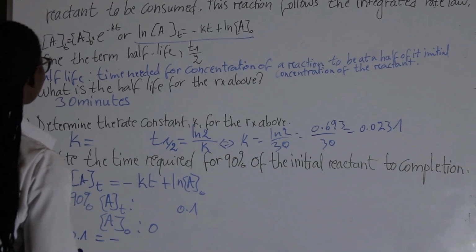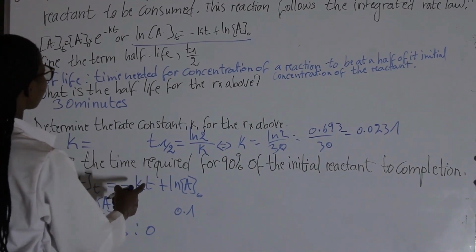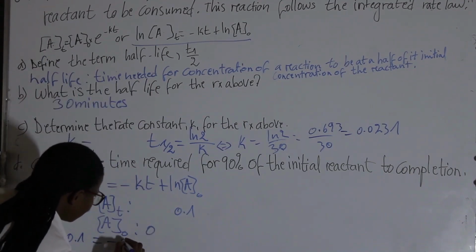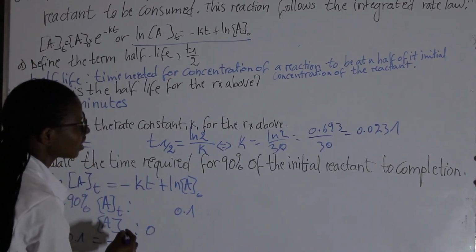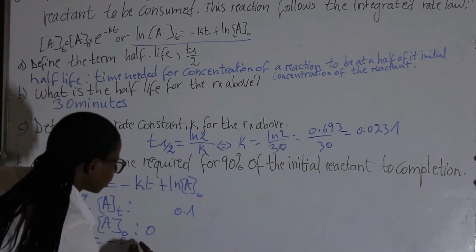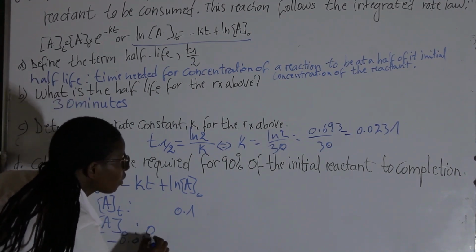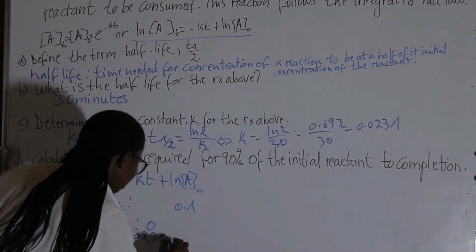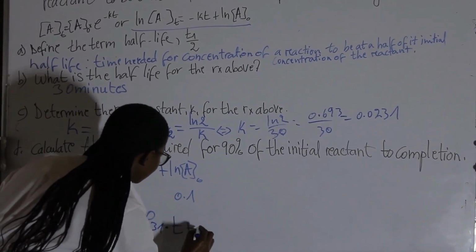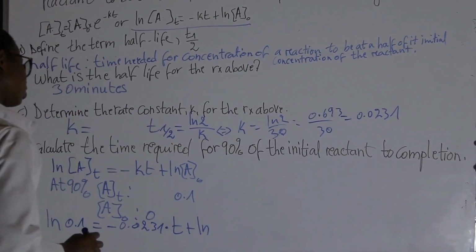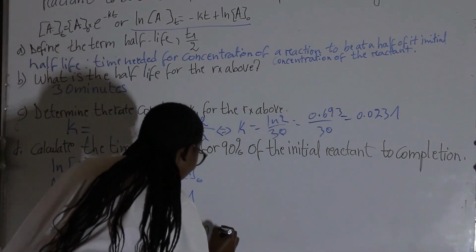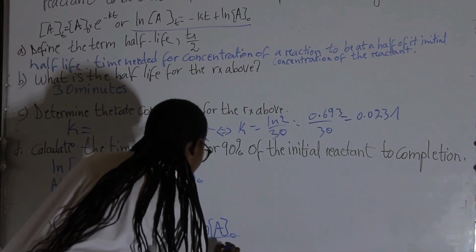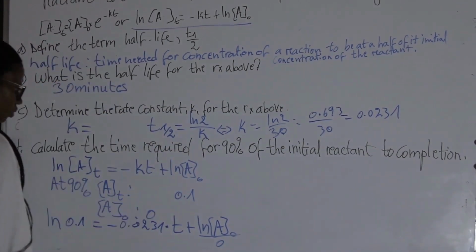We are asking for time, and we already calculated k, which is 0.0231. So ln of 0.1 equals minus 0.0231 times t plus ln of 1, and ln of 1 equals 0.